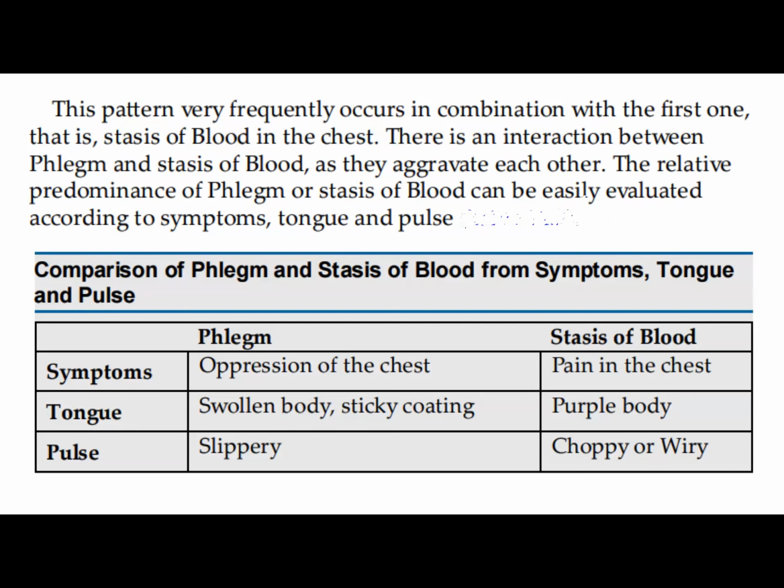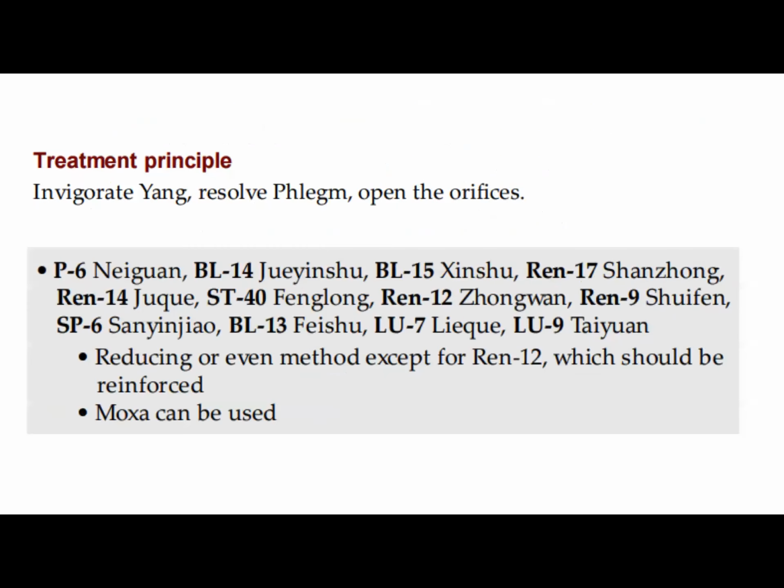So with phlegm, there is oppression in the chest. There is pain in the chest if it's blood stasis. When you look at the tongue, if the tongue is swollen with sticky coating, that's phlegm. Blood stasis, purple body. With regards to pulse, it's slippery if it's phlegm and choppy or wiry if blood stasis.